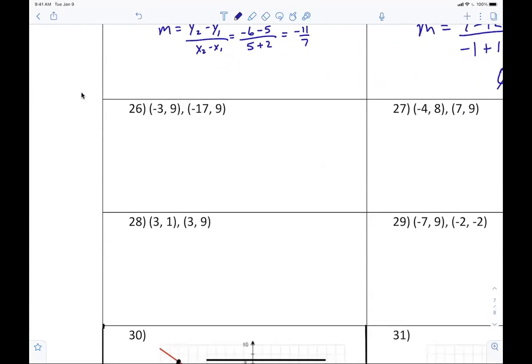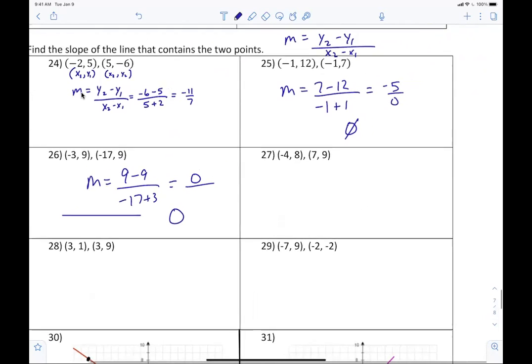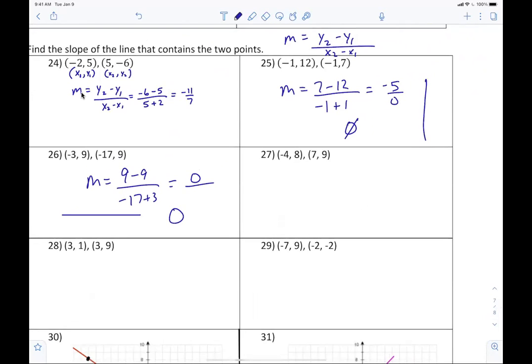26, calculate. Tell me. 9 minus 9 over -17 plus 3. So as soon as we get 0 in the numerator, we're just going to call it 0. We knew that was horizontal if you plot the points, and vertical if you were to plot those.